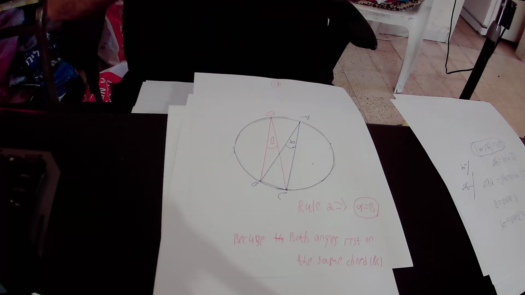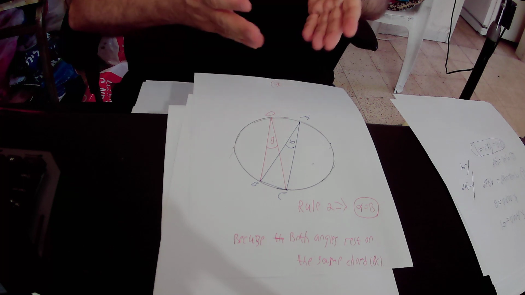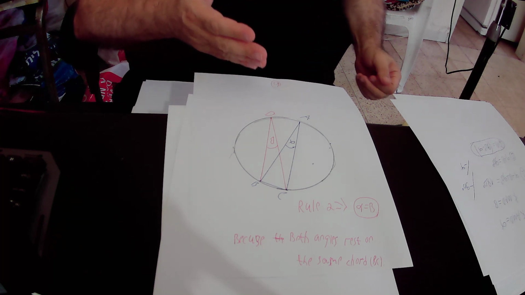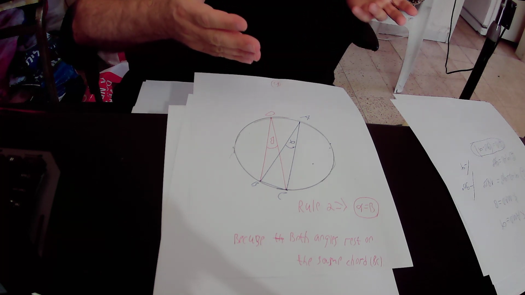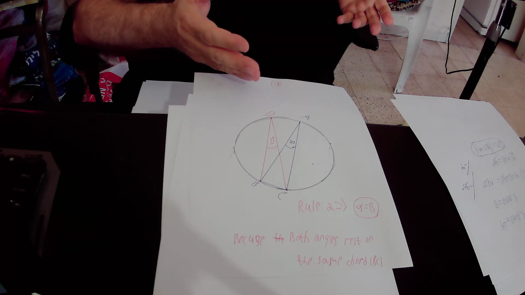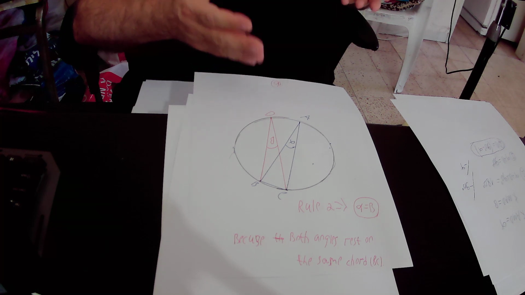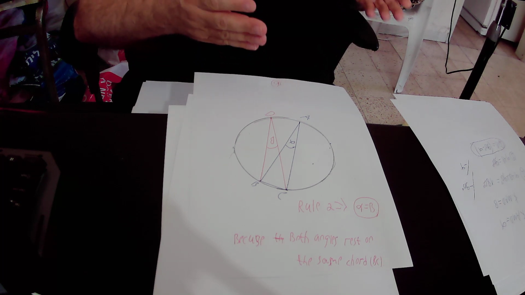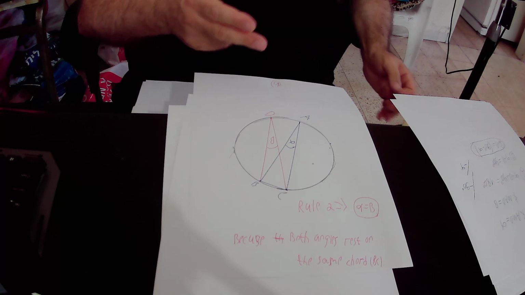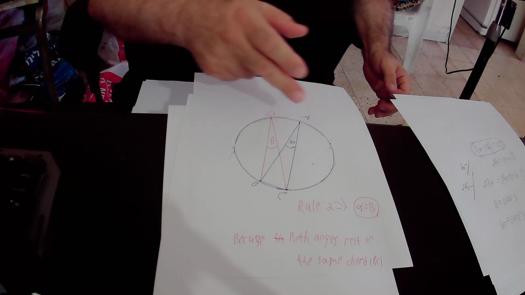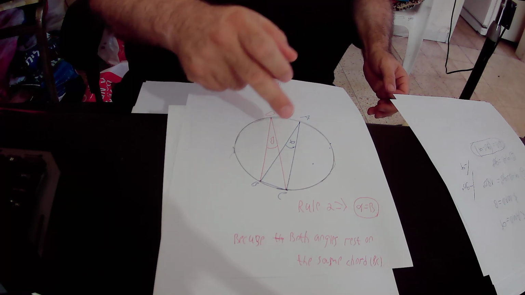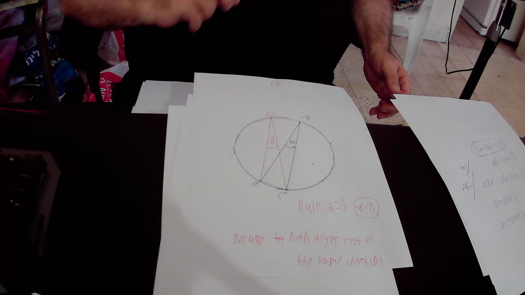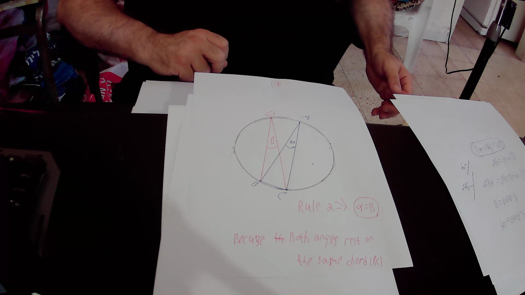So according to rule number 2, because both of those two angles rest on the same chord, they are equal to each other. That is to say, alpha equals beta because they both rest on the same chord BC. Okay?